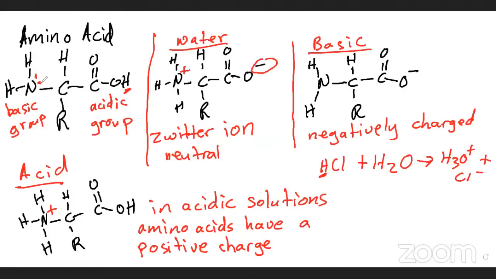So the nitrogen takes a hydrogen from water, and the next water molecule takes a hydrogen from the acid group. That is why it looks like this in water. When it is in a base, then the base takes a hydrogen from the acid group. When it is in the acid, the base takes a hydrogen from the acid.